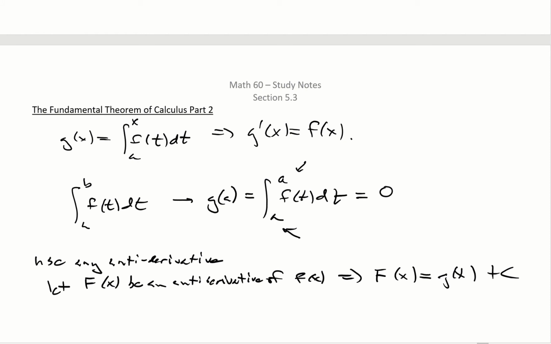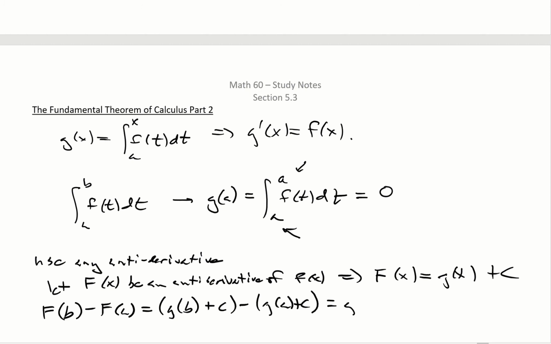Then they do something silly. They just simply go, if I take F of b minus F of a, then what I've got is g of b plus c minus g of a plus c. But that's equal to g of b plus c minus g of a minus c.